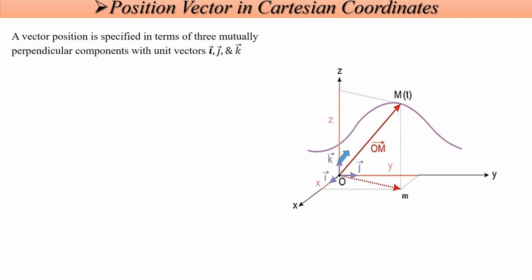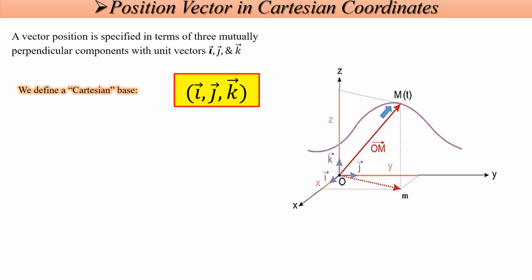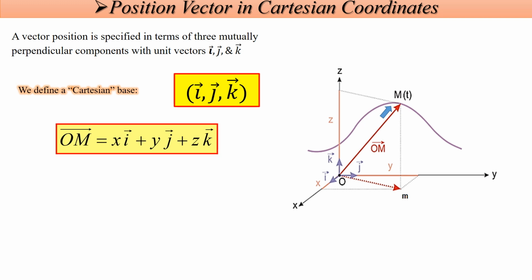Cartesian coordinates: the position of a point M in space is represented by the vector OM originating from the origin of the coordinate system to the point in question. This is done by projecting the point onto the three planes. So, we define a Cartesian base and we write the position vector.